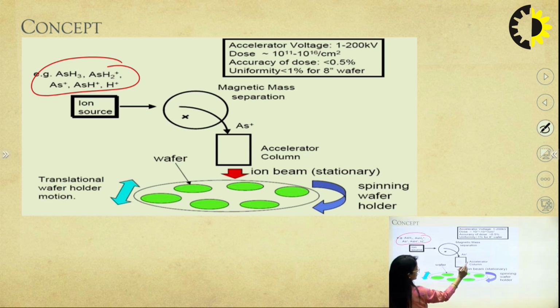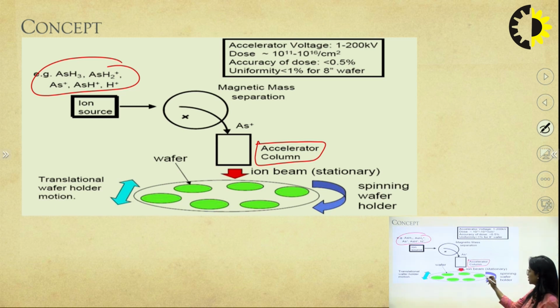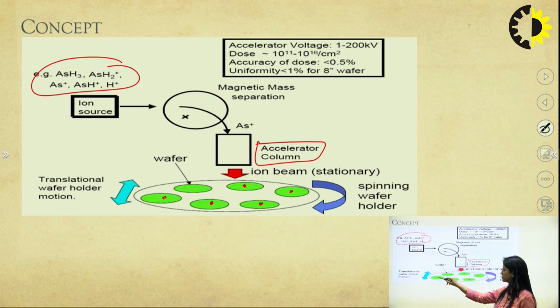The ion implanter also has an accelerator column, which will speed up the ions which are leaving from the surface of the ion nozzle, and then there will be wafers, and at a specific point the process of ion implantation will take place.